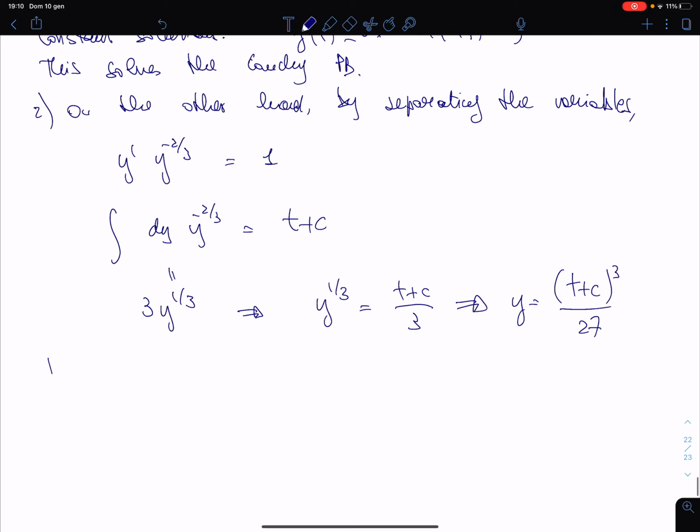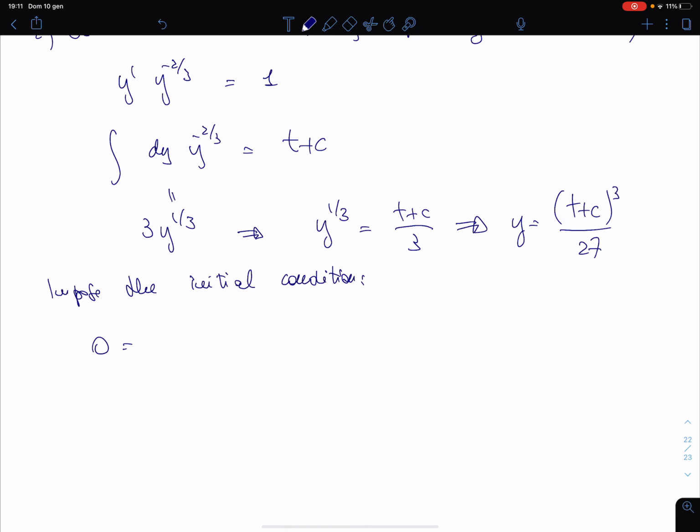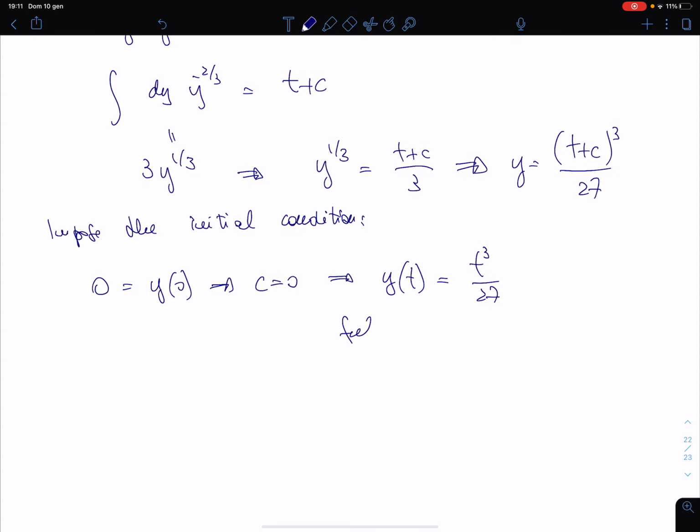And then imposing the initial condition, 0 is equal to y of 0. This implies that c must be equal to 0. And then y of t is equal to t cubed over 27. And this again fulfills the initial data and solves the ODE.